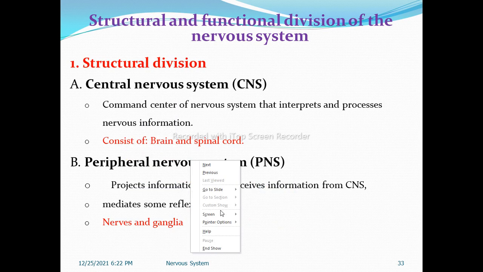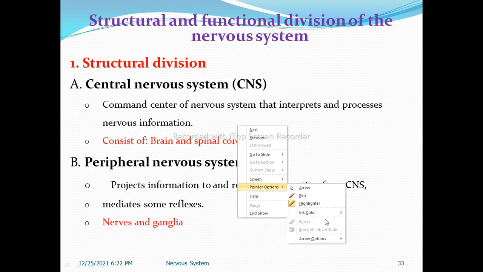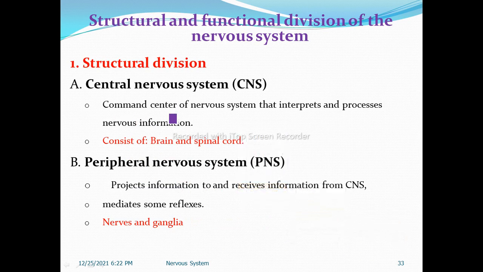So the central nervous system is the command center of the nervous system that interprets and processes nervous information. Interpreting and processing any nerve information is in the central nervous system. The organs responsible for this function are the brain and spinal cord.